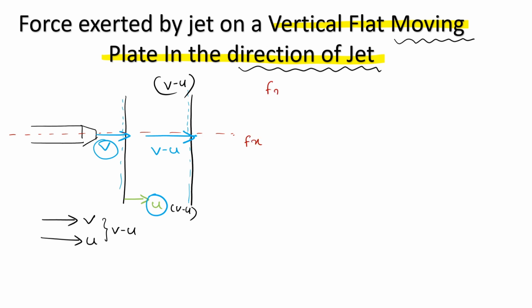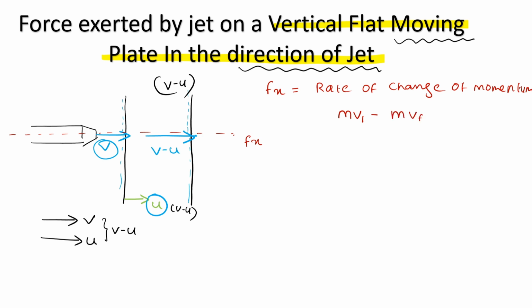So Fx is equal to, we all know that the force exerted will be the rate of change of momentum. Momentum means mass into velocity. Change of momentum means initial momentum minus final momentum.